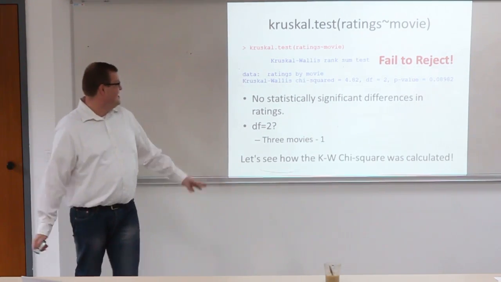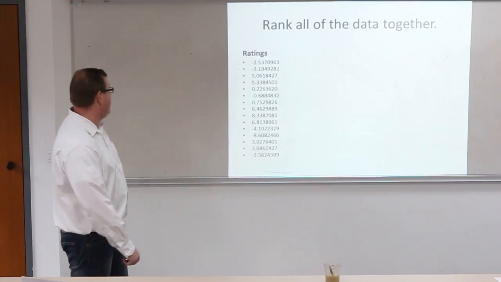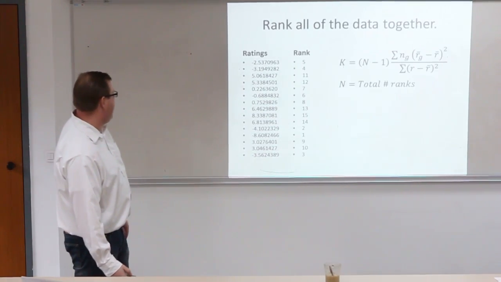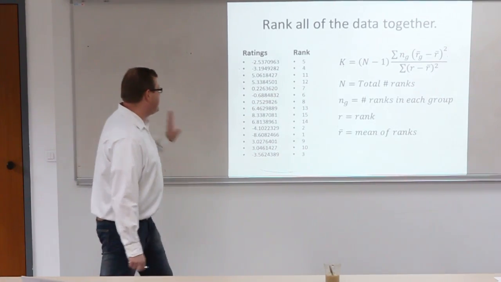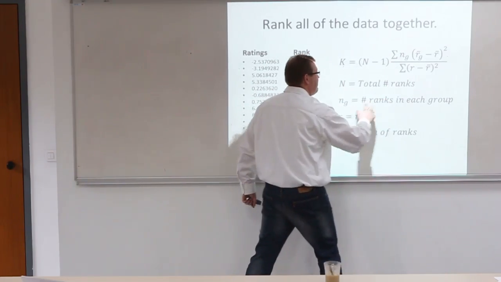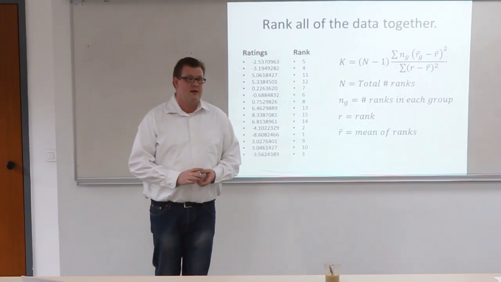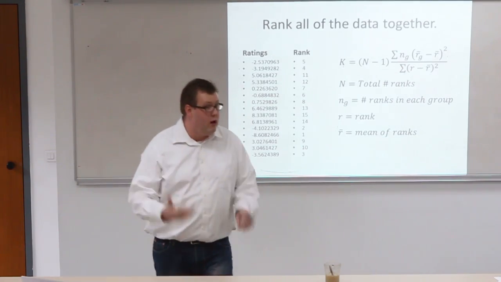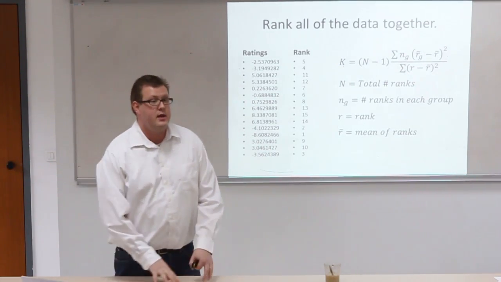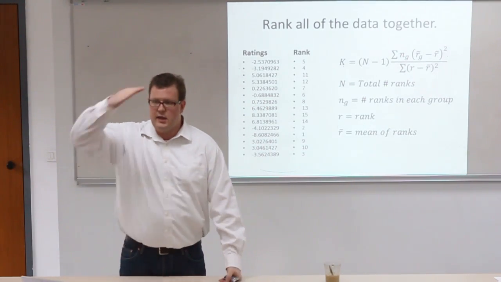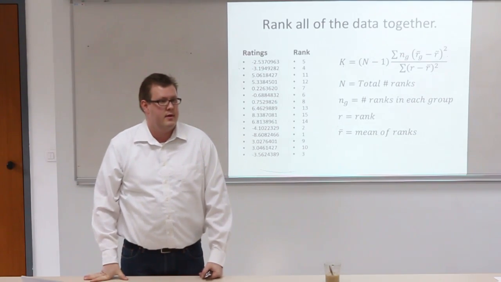All right. So let's go back and see if we can see how the chi-square was calculated. So we have this formula, and we described what all of these pieces are except for this. So what do you think that piece is? It's going to be ratings, or ranks actually. What type of ranks? It has that little thing over the top. Mean.